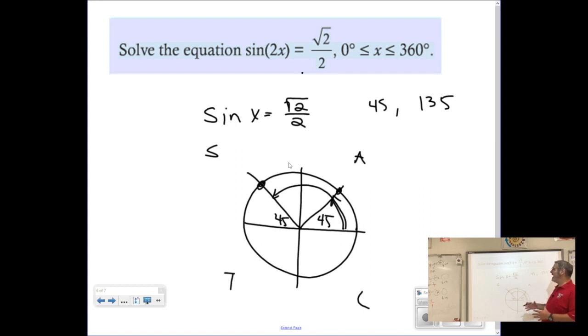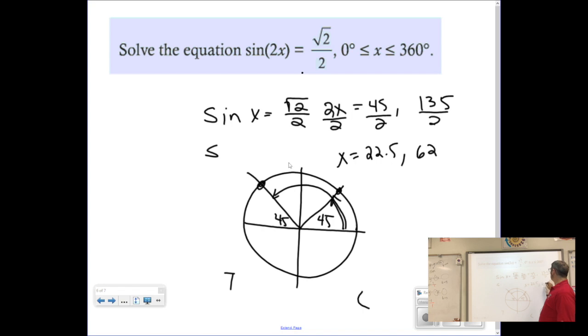All right, so we know that's for x, but here we're given 2x. One of the things that I like to do is I say, okay, 2x is equal to 45. So in other words, x, if I multiply it by 2, I'm going to get 45. So really, to just find x, I divide by 2. I divide all the angles by 2. And I get the two angles that are going to give me a sine of 2x are going to be 22.5 and 67.5.